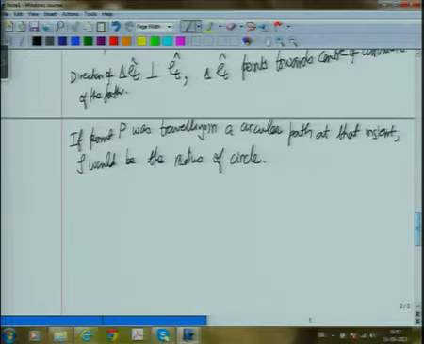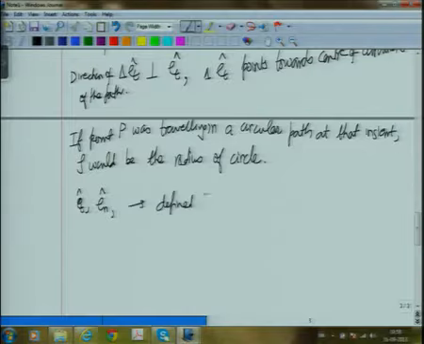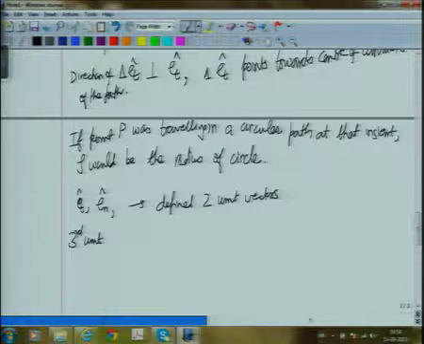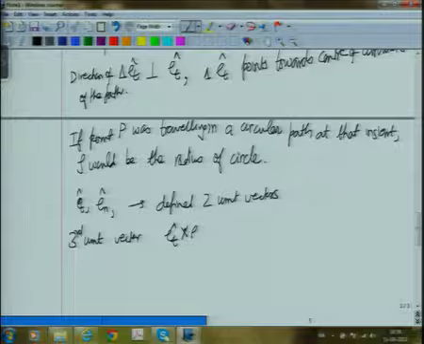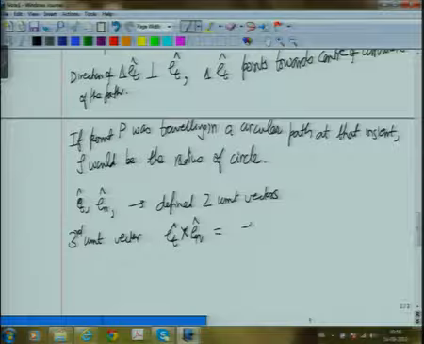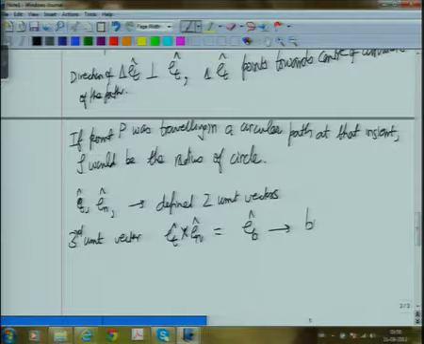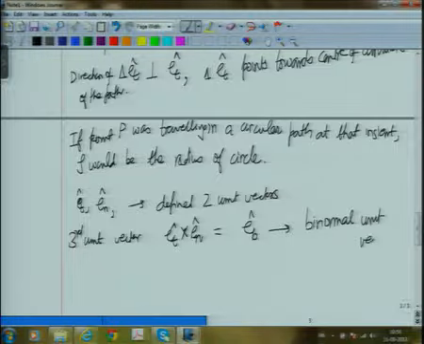So, that means now we have defined the vectors Et and En. We have defined two unit vectors like this. So, now we can define a third unit vector which can be taken as Et cross En, and we will call this Eb, the binormal unit vector.